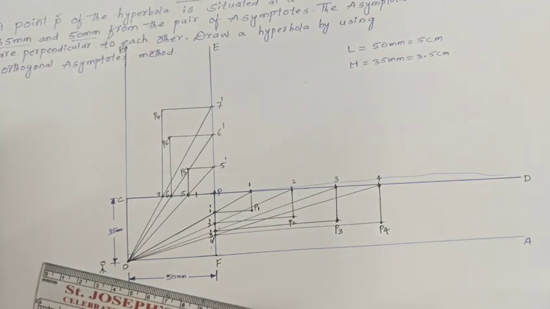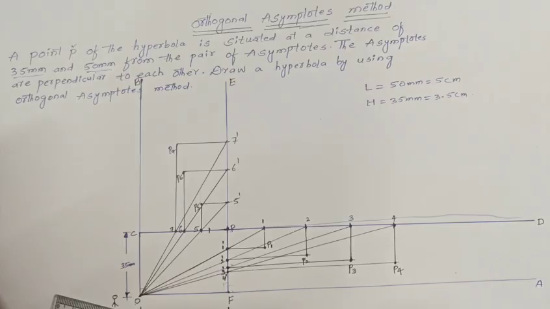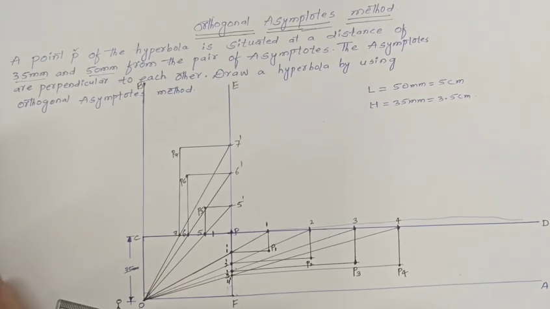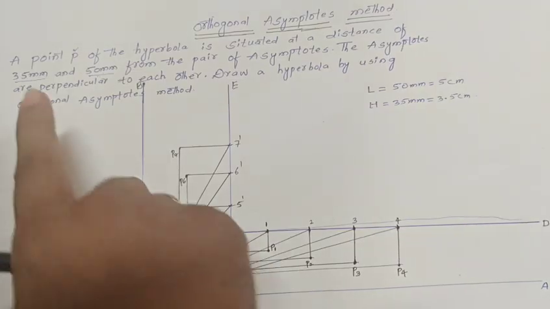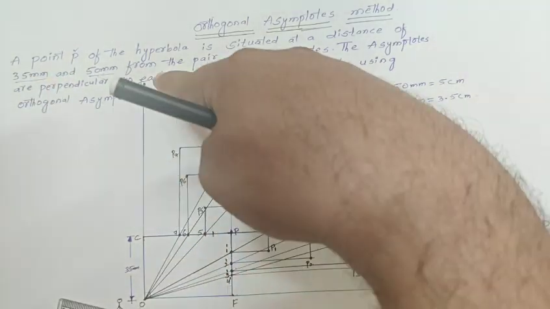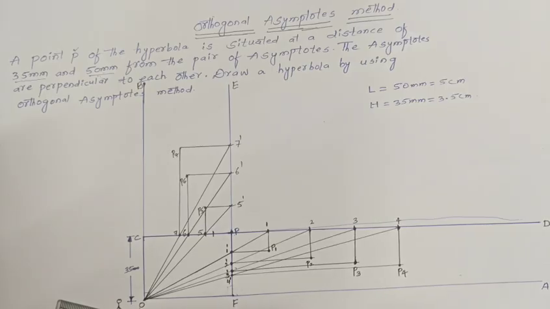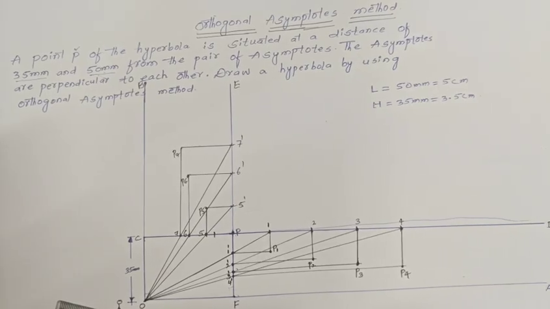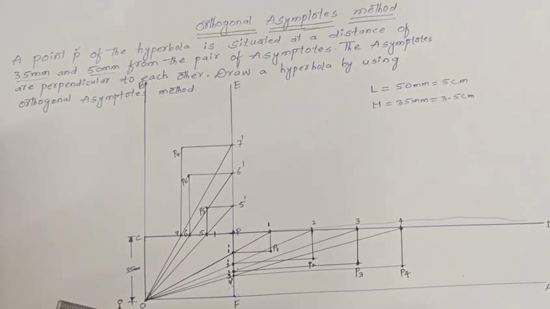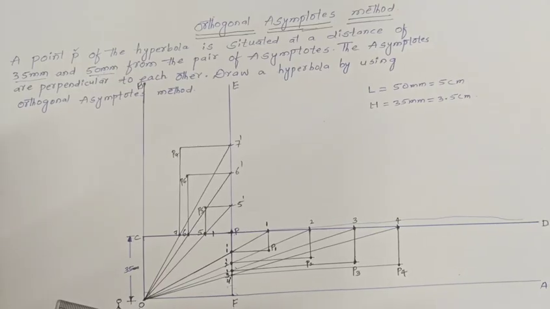Okay? Then our intention is that we need to draw the projections of a hyperbola. So from the point P, we need to draw the shape of the hyperbola. Then you need to join with the help of a French curve. Is it right?